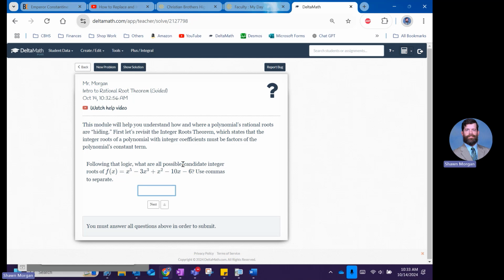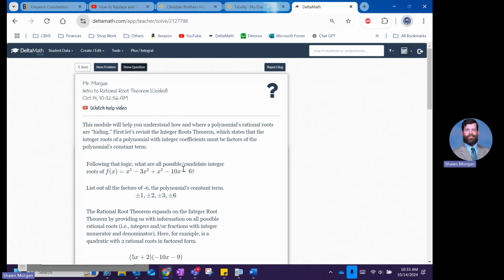what are all the possible integer roots? Okay. So, these roots are hiding. Revisit the integer roots theorem. I didn't teach you guys the integer roots theorem, but what's nice about it is that it's a little bit easier than the rational root theorem. All you gotta do is list out the possible factors of your constant term.